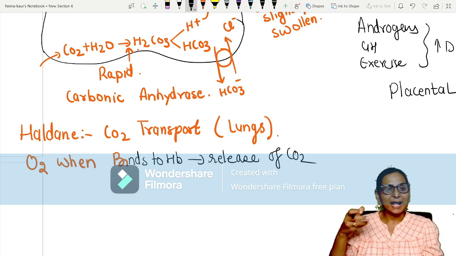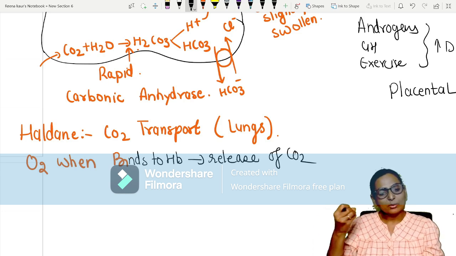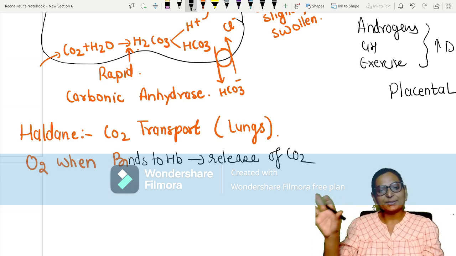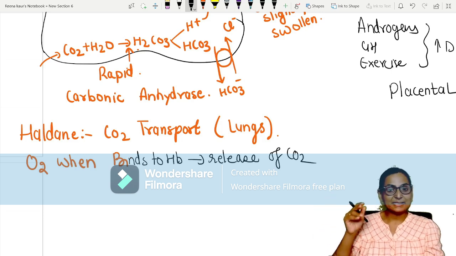It becomes more acidic, it is going to release the carbon dioxide, and carbon dioxide will be released into the alveoli. That is the Haldane effect.